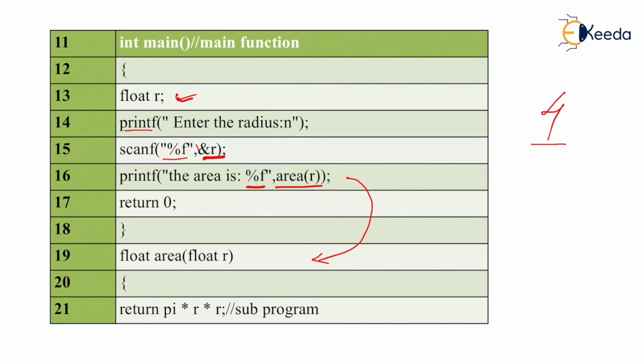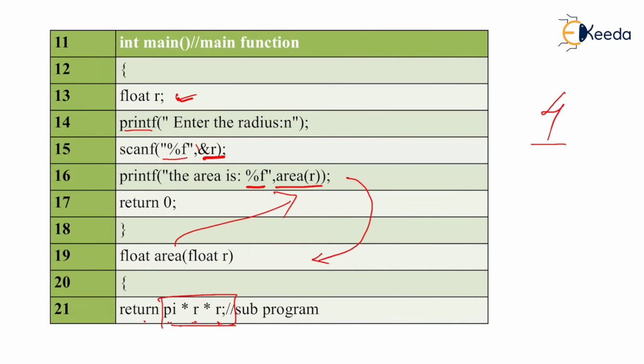Now my control says float area(float r). That means the value of 4 will get stored in r and the process gets performed as pi into r into r. That means 3.14 into r into r, and the answer of this process will get returned to this function.